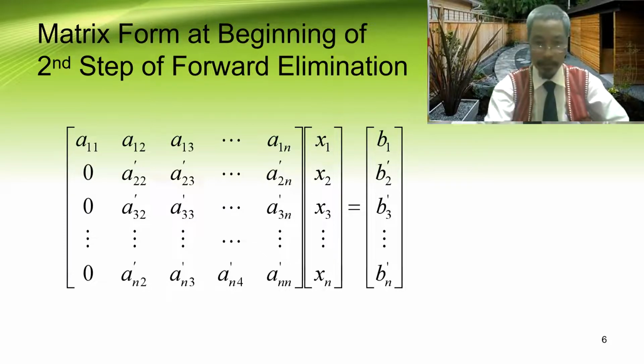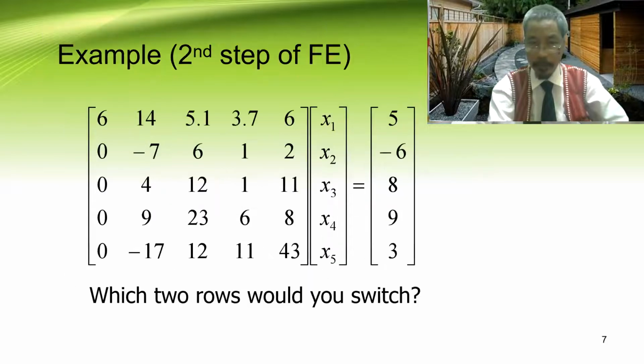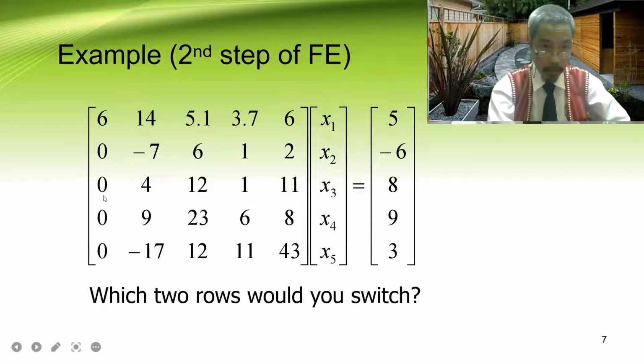So for example, second step of forward elimination. We have the following, for example. This is a 5 by 5 square matrix: 1, 2, 3, 4, 5.